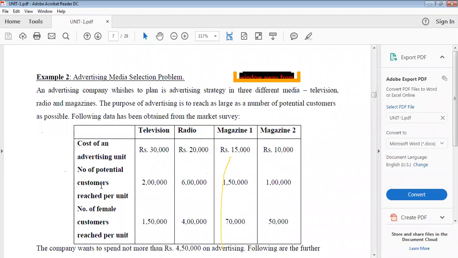Number of potential customers reached per unit: with television, 2 lakh people; radio, 6 lakh people; magazine, 1,50,000 and 1 lakh people.